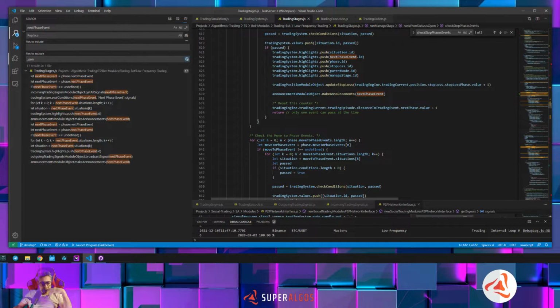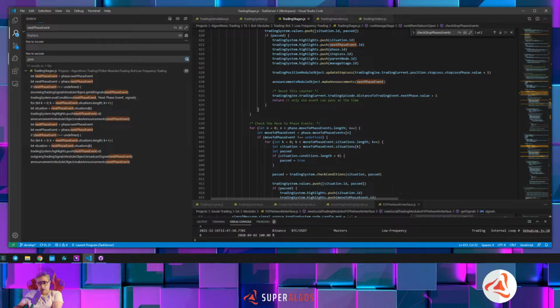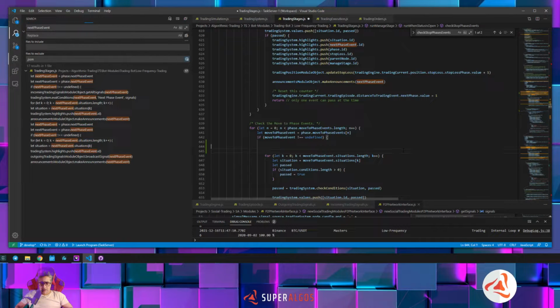Ah, okay, it's a different situation because the next phase event is only one node. Here we are with a possible array of nodes, so that array always exists. And this is the equivalent question. If move to phase event doesn't exist, then we are going to evaluate here.